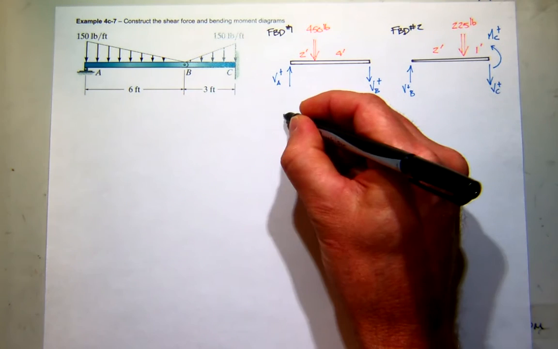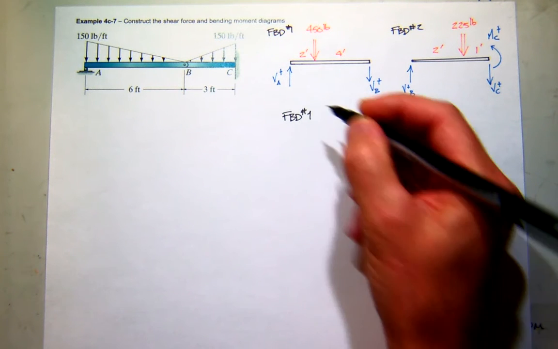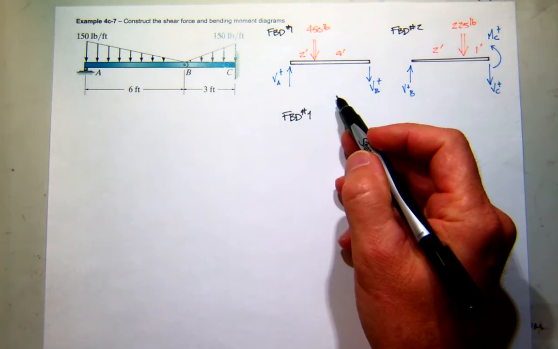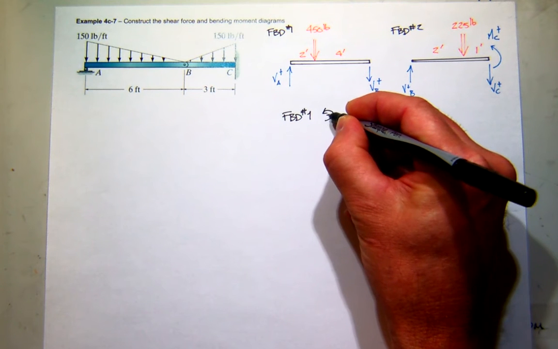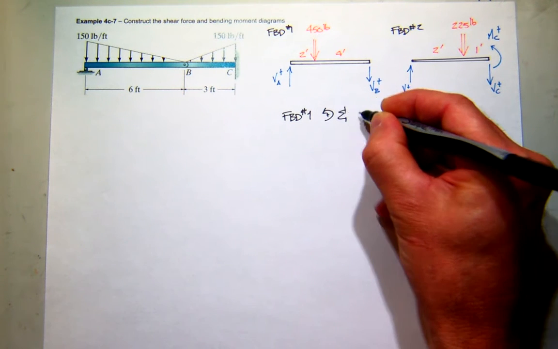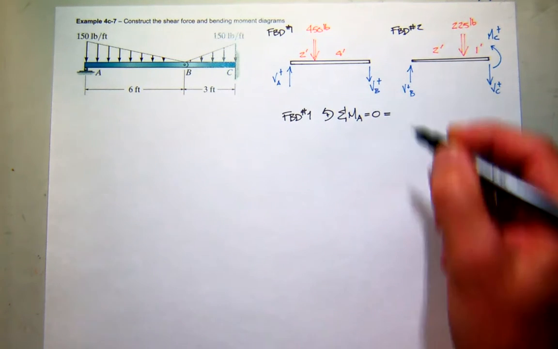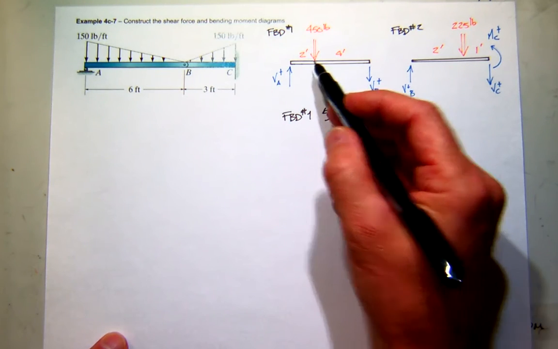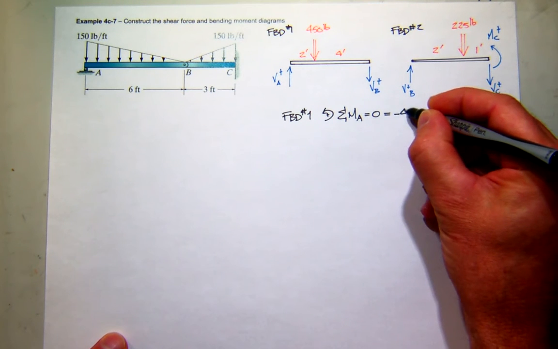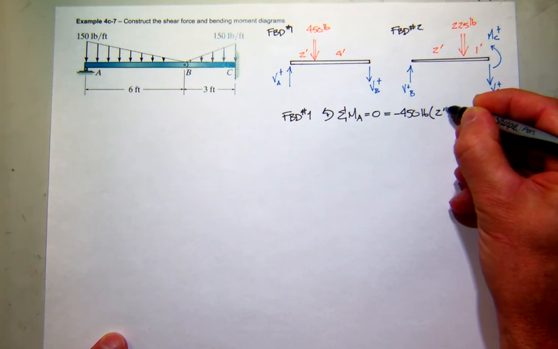So I'm going to start with free body diagram number 1, and I should be able to solve for these very easily. I'll just sum moments about A, to make sure I have equilibrium. So about A, the 450-pound force creates a negative moment and has a moment arm of 2 feet.